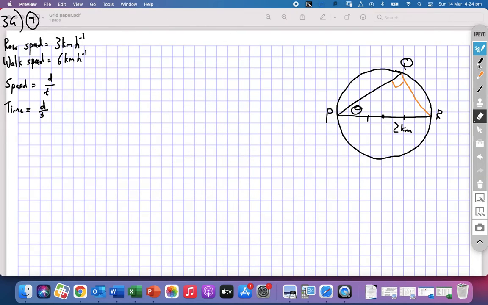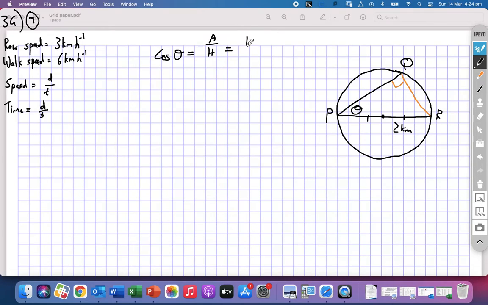Knowing that it's a right angle makes the question a bit easier, because I know that the whole length is 4. I'm trying to work out PQ. So I could say cos theta is adjacent on hypotenuse. Now, that's the adjacent length. That's the hypotenuse. This would be the opposite. I'm not interested in that.